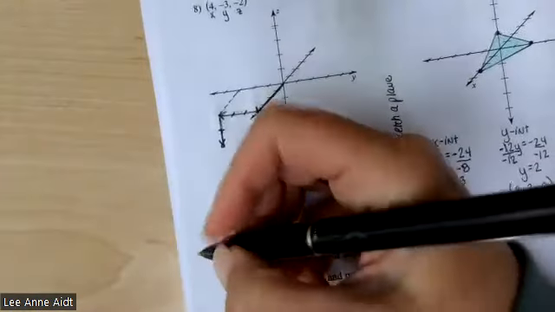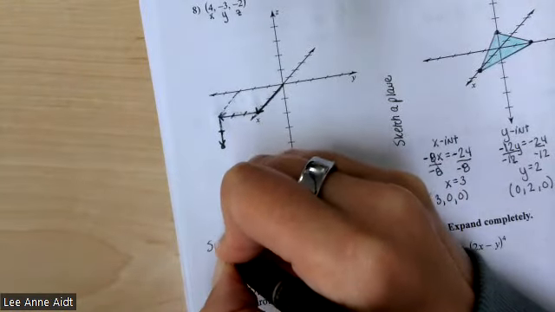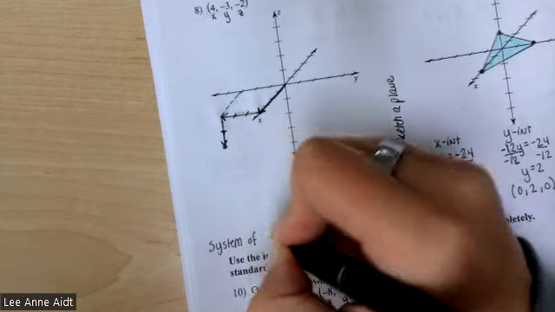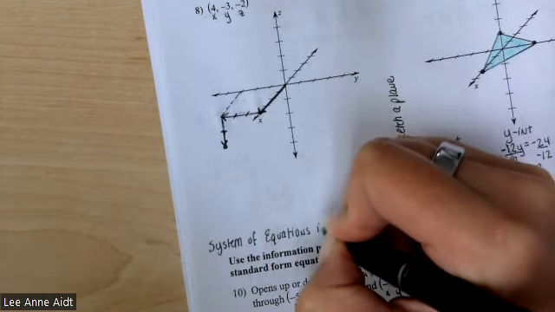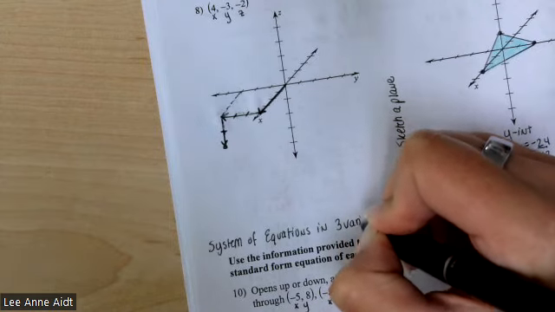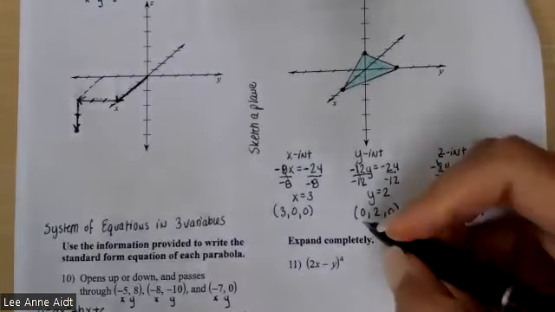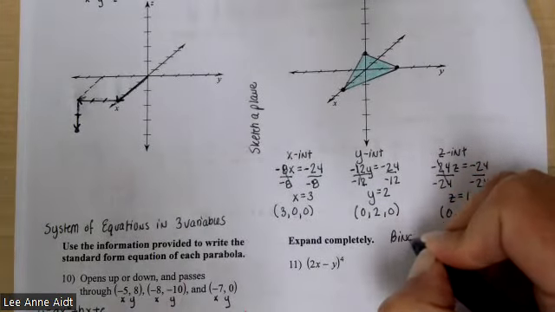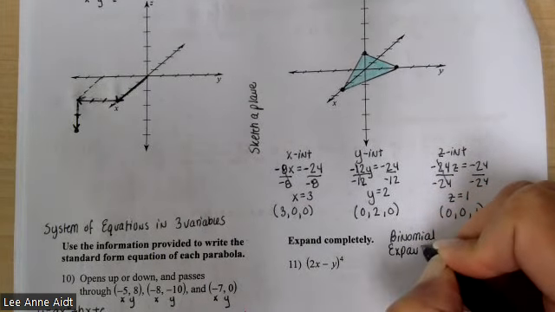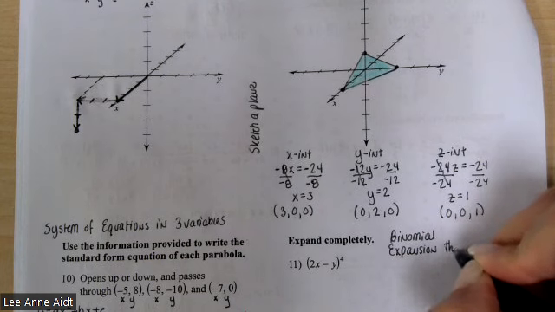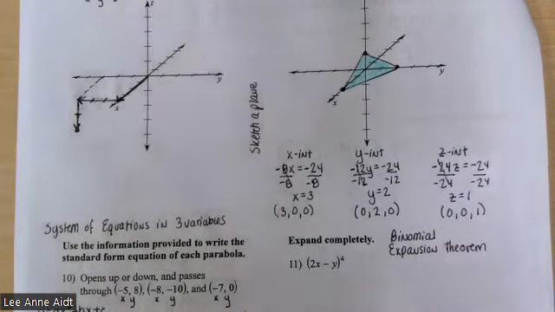And this one is still system of equations in 3 variables. And this one is called binomial expansion theorem.